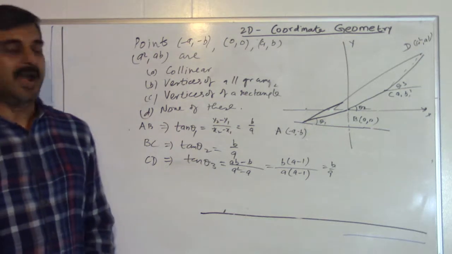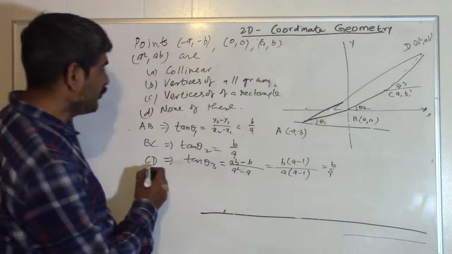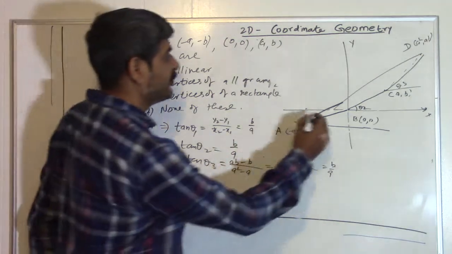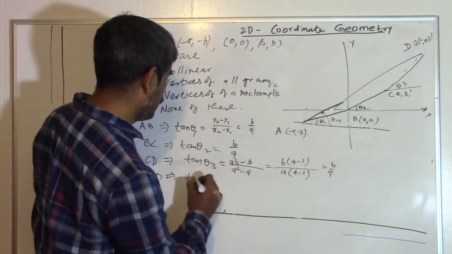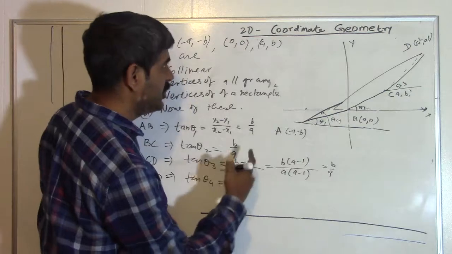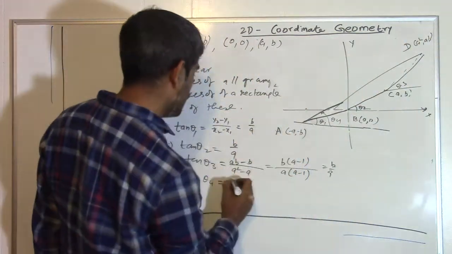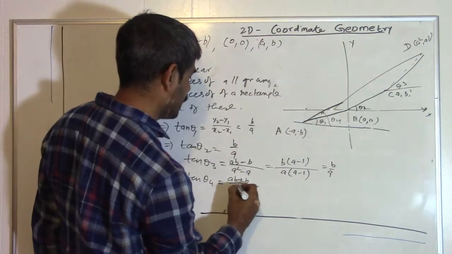What does that mean? That these 3 points are collinear. We can also verify it by finding the angle of AD. If this one is, let us say, theta 4, then tan theta 4 should also come out to be b by a. It will be AB plus b divided by a square plus a.